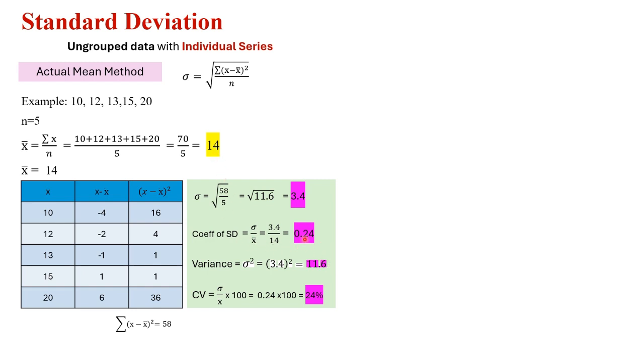Variance is equal to square of sigma. Sigma is 3.4, square of it is 11.6. Coefficient of variance is sigma by x bar times 100. Sigma by x bar multiplied by 100 is 24%.